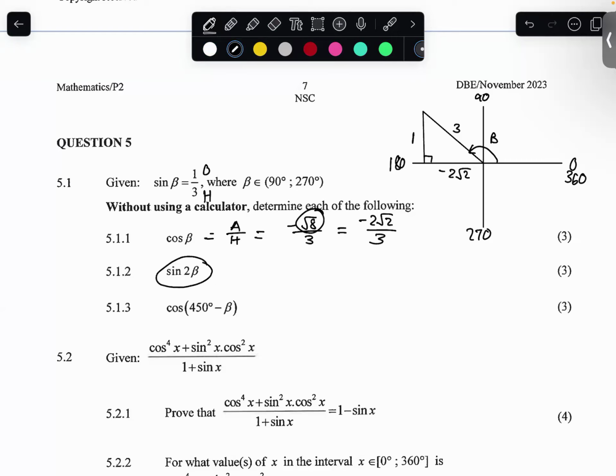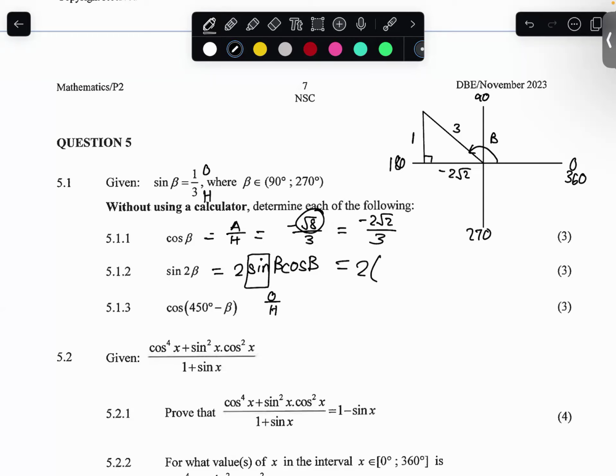Okay, sine 2 beta. This angle does not match the angle on your diagram, so you first need to make sure that it does. This is the sine double angle. It becomes 2 sine beta cos beta. Now these angles match the angle on your diagram. What I've seen is people replace just the sine with opposite over hypotenuse.